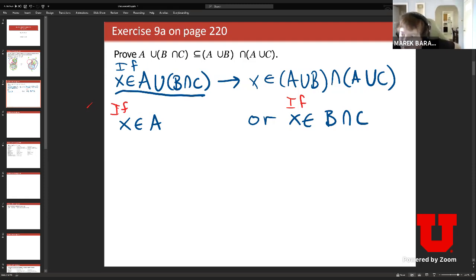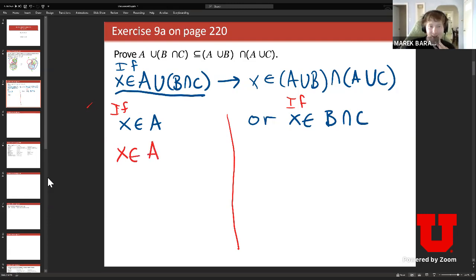Okay, so I'm going to guess most people probably have finished. So where should I start? Okay, so if x is in A, we know that it's true that x is in A or x is in B. This is a true statement, right?